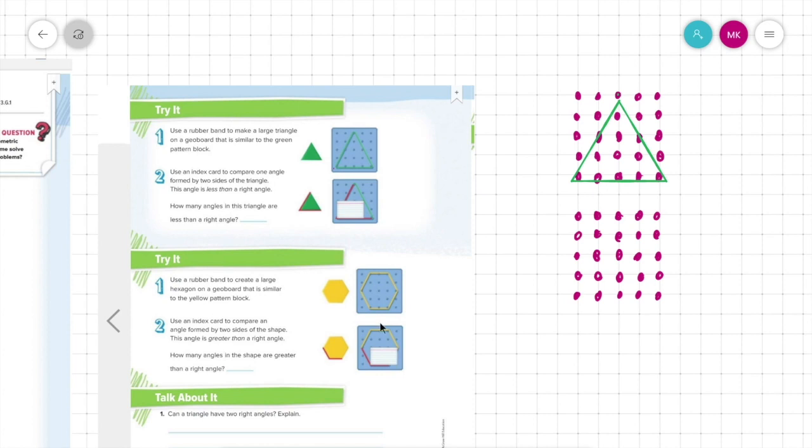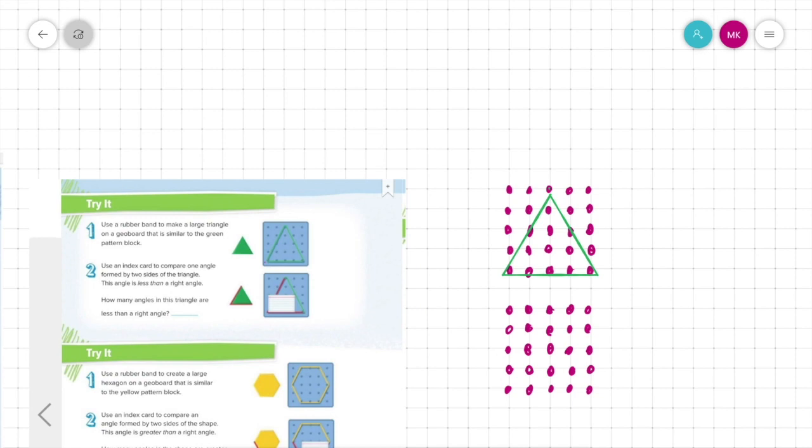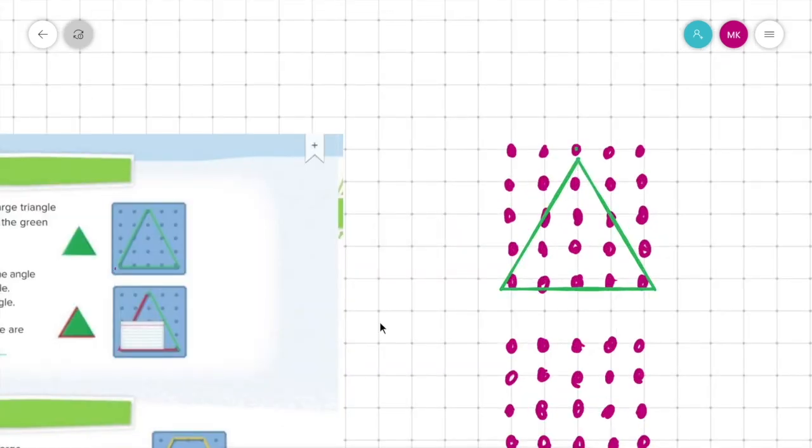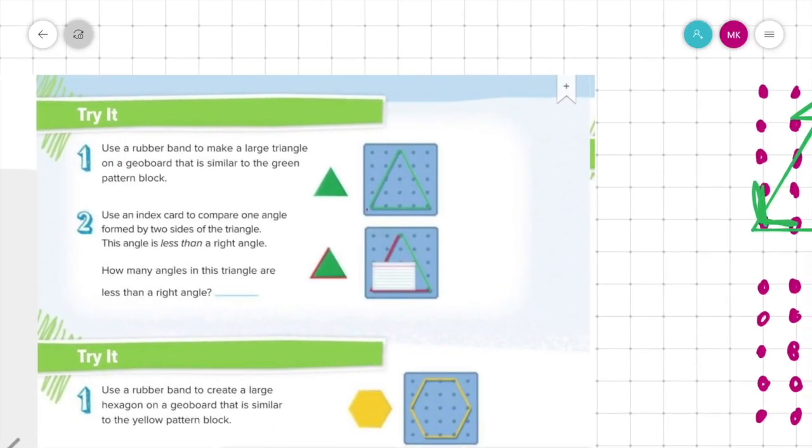We can see with the background that it isn't a right angle, right? It's not a square corner because if it was a square corner, it would look like this, and it doesn't line up, right? Same with this angle. Does it line up? No. Same with this angle. Does it line up? No. Right?